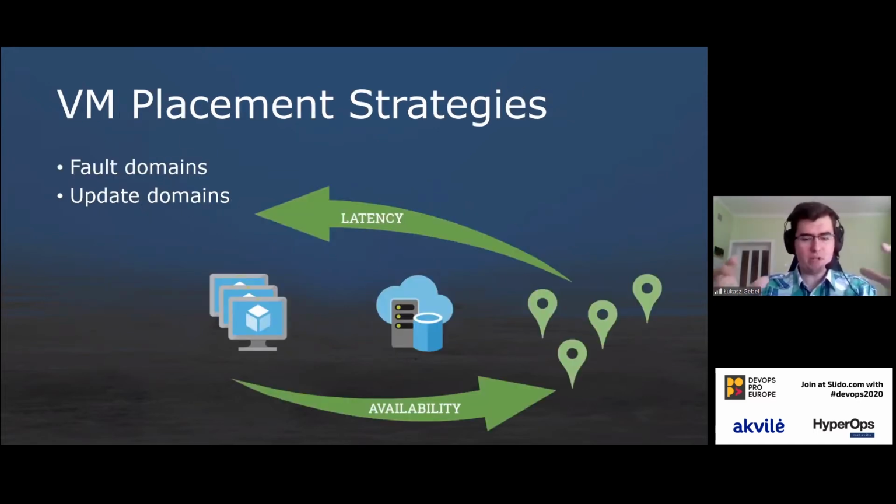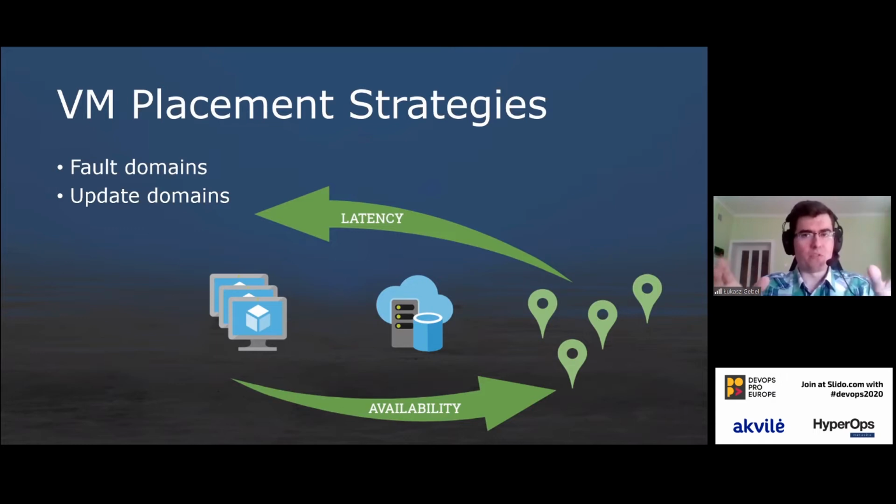So when you plan your infrastructure, when you plan how your resources will be spread through cloud infrastructure, you can go for scale sets, availability sets, and so on. And there is this idea of fault and update domains. They are called so in Azure, but the same concepts are similar in other cloud providers. So fault domain is like, for example, a rack of servers.